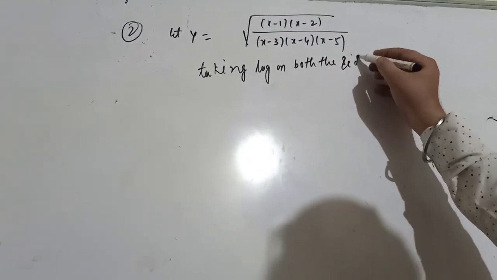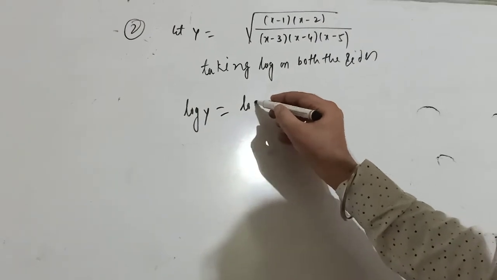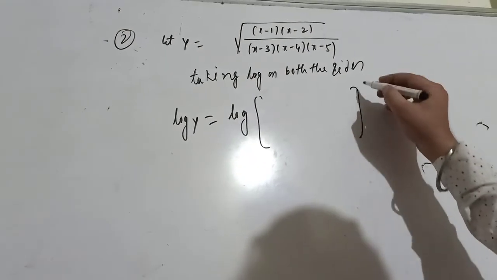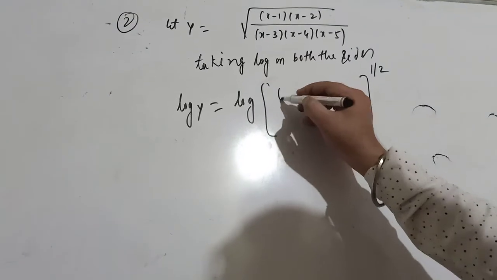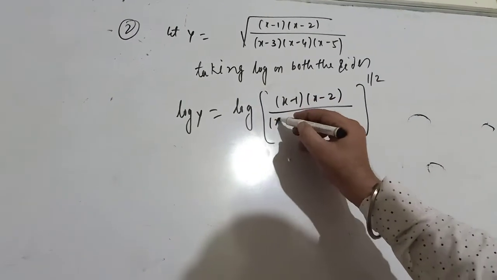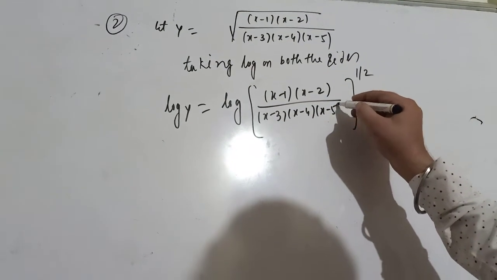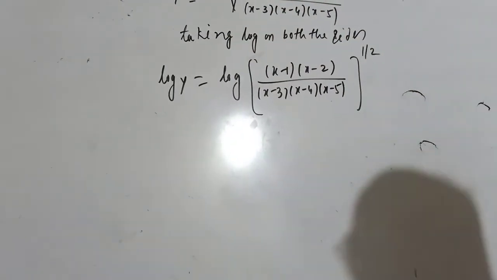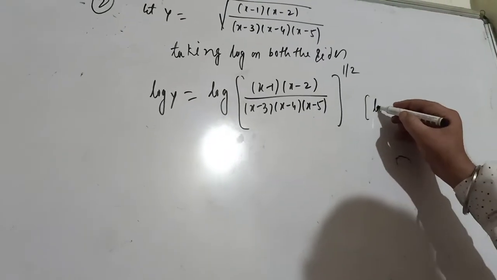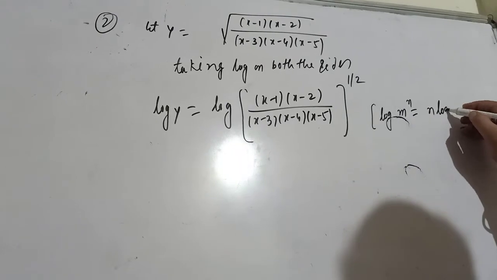So log y equals log of this bracket to the power 1 by 2, (x minus 1)(x minus 2) upon (x minus 3)(x minus 4)(x minus 5). Because of the under root I have written the whole power 1 by 2. And we know the property: log m power n is n log m.